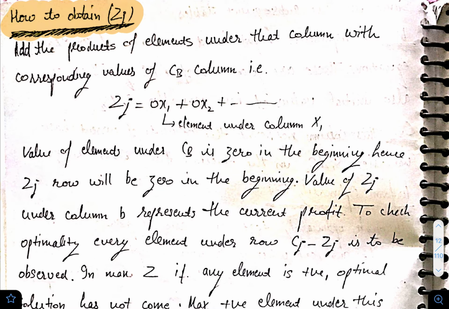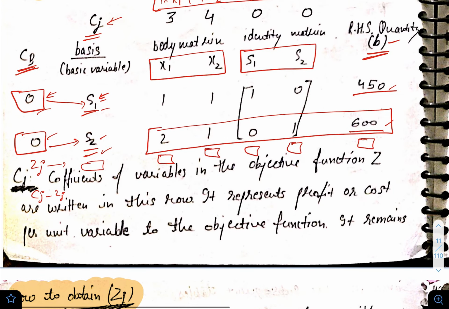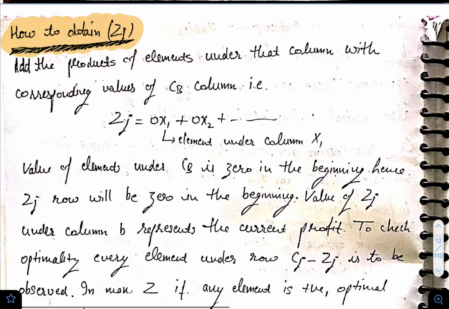We know that for the initial basic feasible solution, these values are always zero, because the coefficients of s1 and s2 in my objective function are always zero. So CB is always zero in the initial basic feasible solution. So we know for sure that initially my solution is not optimal, because I am getting a zero value of my Z. I want to maximize my problem and my profit is zero, right?